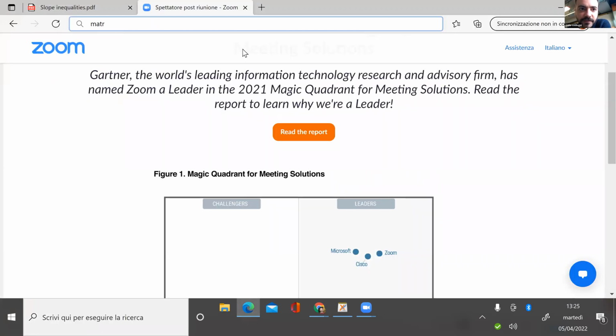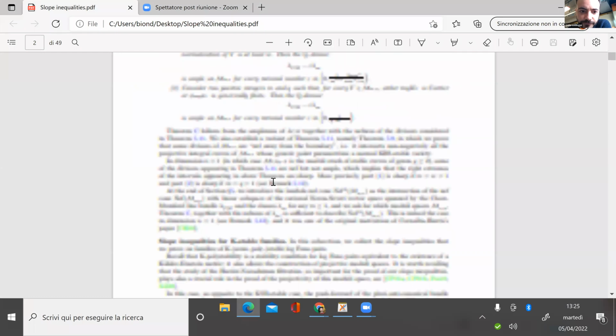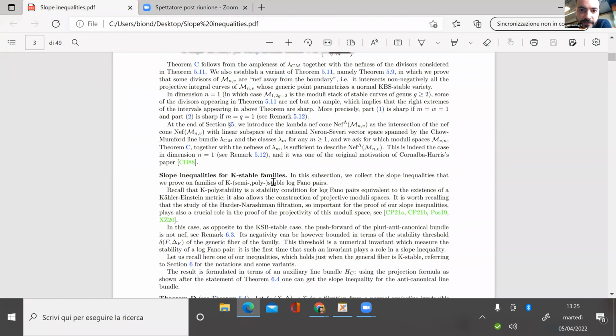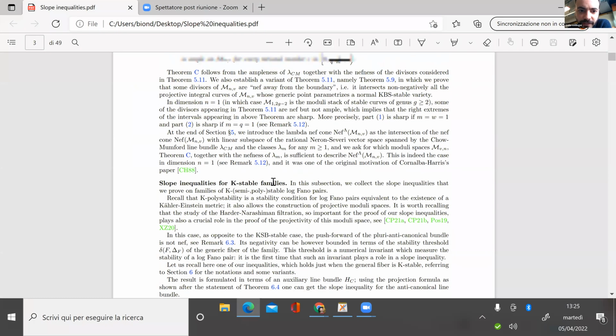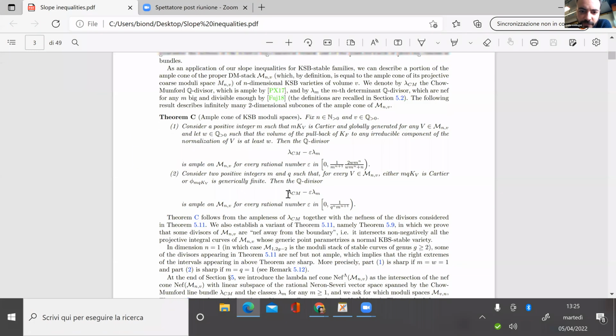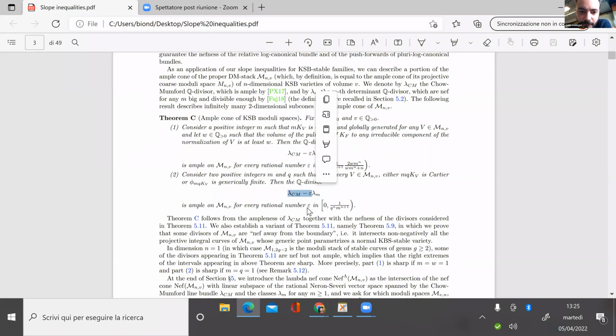So I'll give you variants about this result. In here, for instance, we have this case, which is not what we're looking at. So this was the result I was telling you. And we have another result where epsilon ranges in a different interval, where here you say very little, w here, which is the volume.